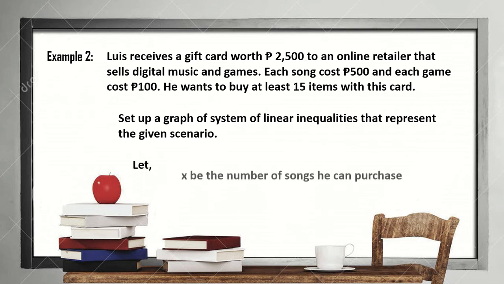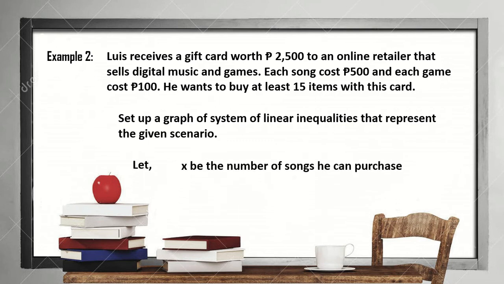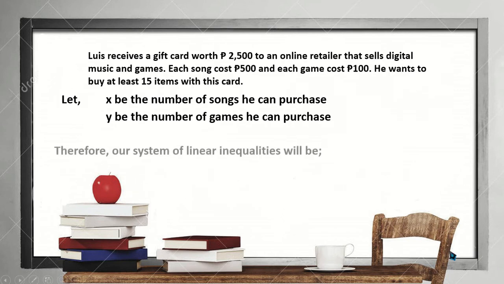So let X be the number of songs he can purchase. So gagamitin natin si X para sa number of song na pwede niyang mabili. And then Y be the number of games he can purchase. Y naman for games.